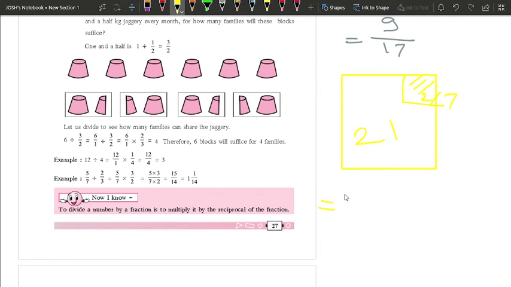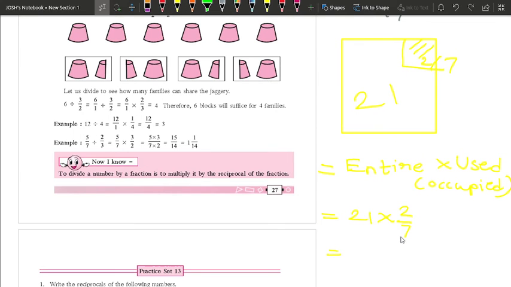So you can solve this as the entire field into the part occupied or used, right? 21 multiplied by 2 by 7. Now you also see 21 and 7.